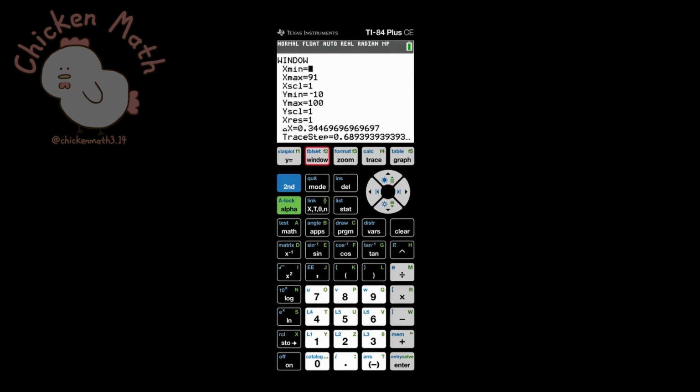And we're talking about the behavior of our G of t equation after t equals 91. So we want to change our window. We'll make the minimum 91, and for the maximum, we'll make it like 200 maybe, just to look at it. It's a little hard to see, but you can see there is an increase.